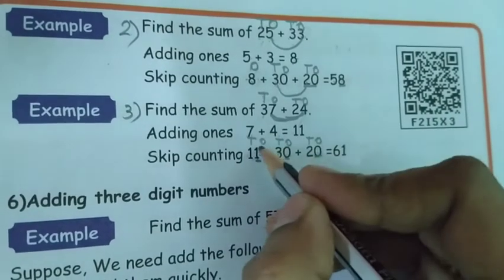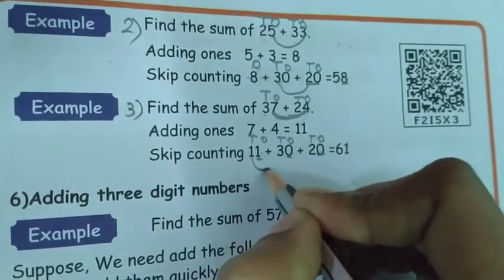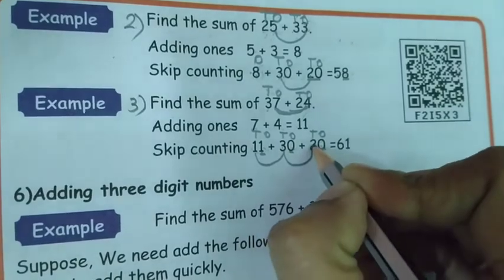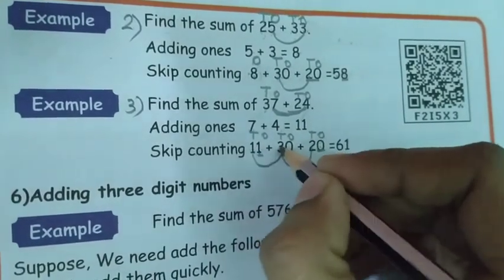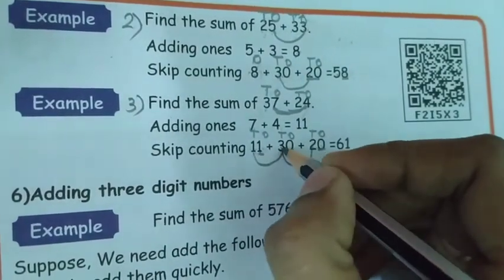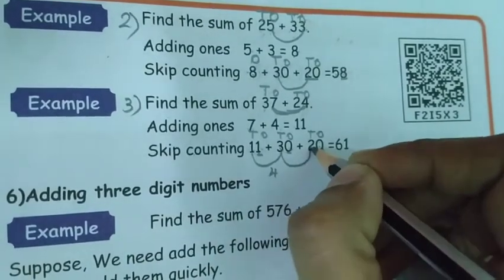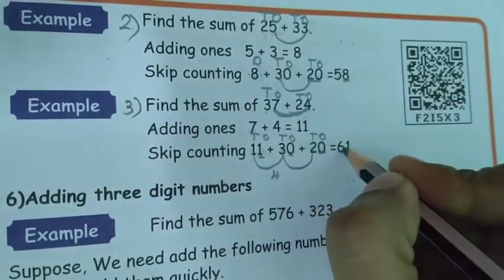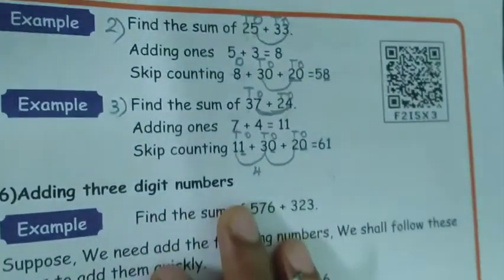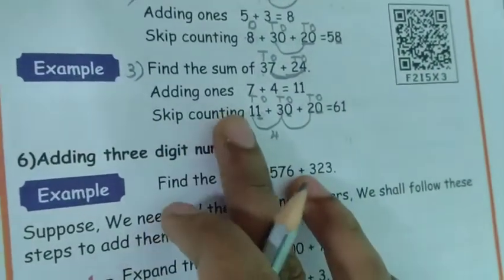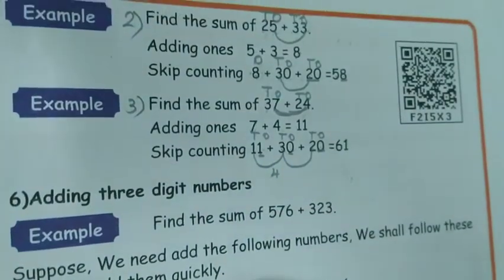So 1. Now in the tens place, 1 plus 3 plus 2. 1 plus 3 is 4. Now 4 plus 2: 5, 6. So 6, 1: 61. Understood? This is adding two-digit numbers.